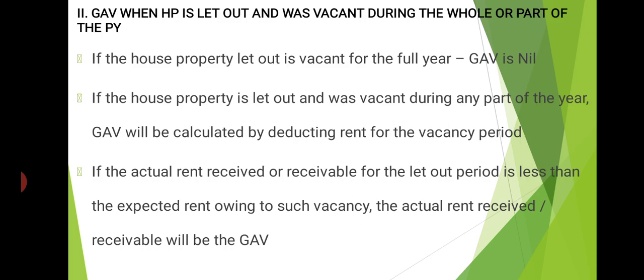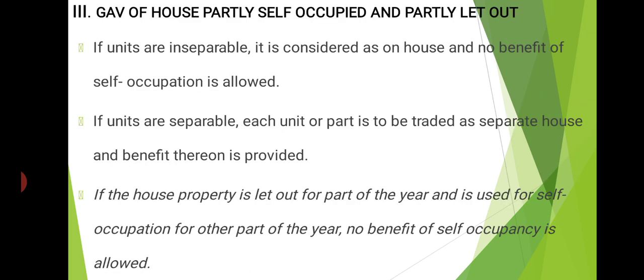That you have to bear in mind: expected rent, municipal rent, fair rent, etc. If the actual rent received or receivable for the let out period is less than the expected rent owing to such vacancy, the actual rent received or receivable will be the gross annual value. That's all about when the house property is let out and was vacant during the whole or part of the previous year.